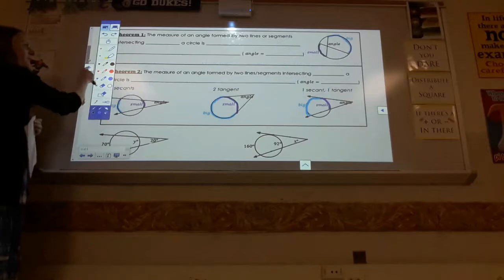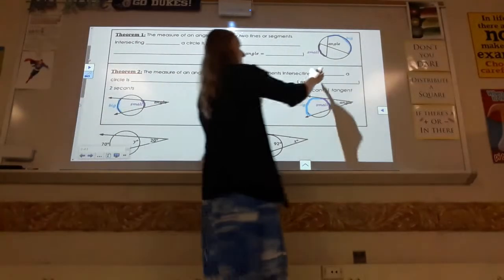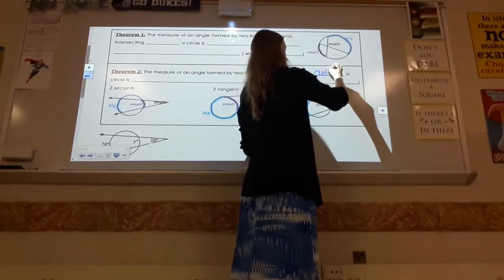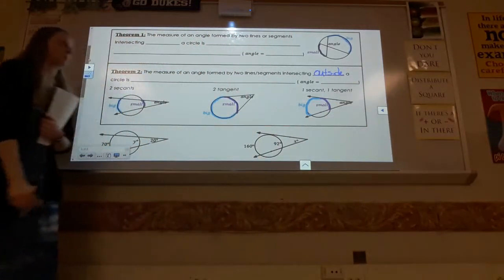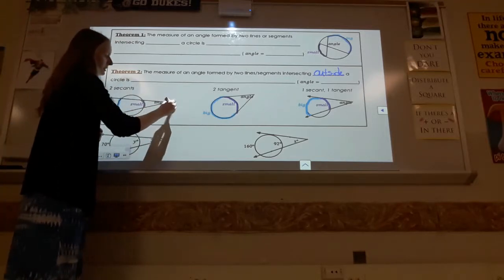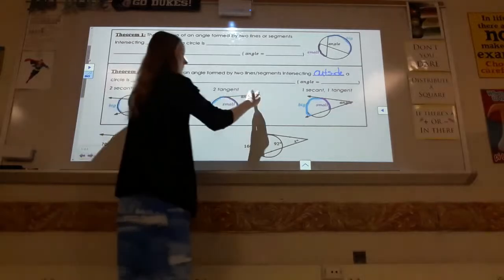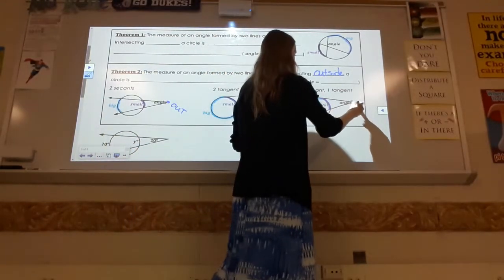This time, the measure of an angle formed by two lines or segments intersecting outside a circle. So like I said, we're doing inside and outside. So theorem number 1 is for when it's inside, and then all of these are outside. But we have 3 different scenarios of where it can be outside, unfortunately.